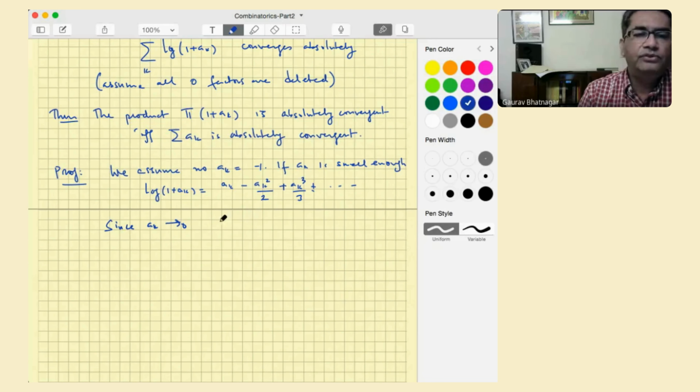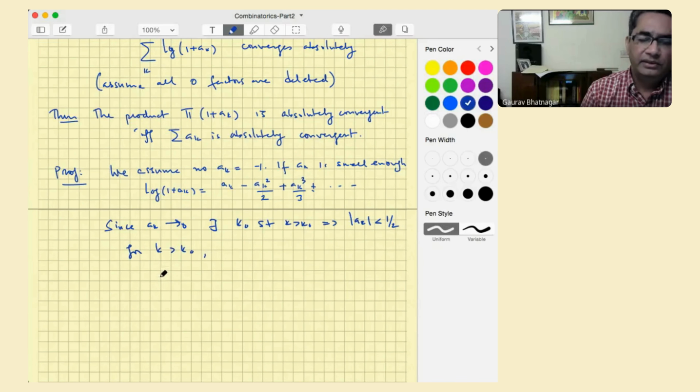Okay, since a_k goes to 0, there exists a K0 such that k bigger than K0 implies that a_k is less than half. So let's consider k bigger than K0, consider this guy, log(1 plus a_k) over a_k minus 1. Okay, so I'm dividing by a_k and then subtracting this 1 over here, right?